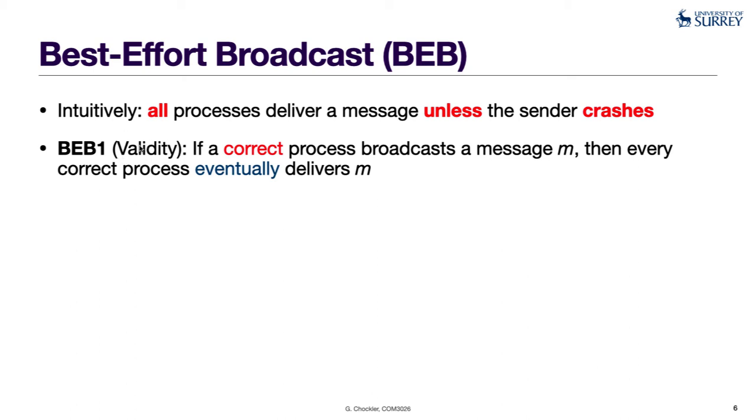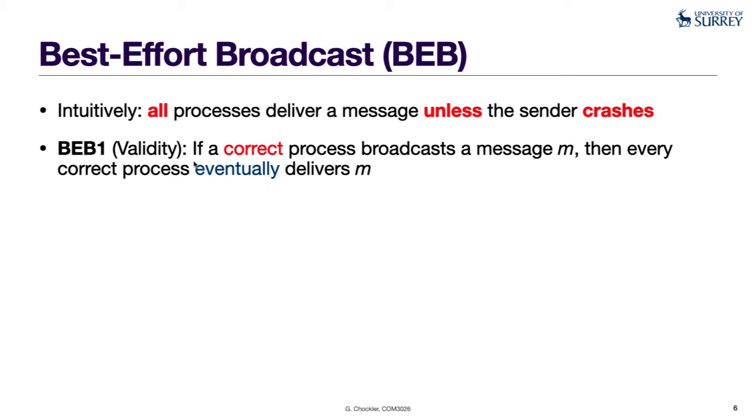Intuitively, the validity property says that all processes deliver a message unless its sender has crashed. More formally, it says that if a correct process broadcasts a message M, then every correct process eventually delivers M.